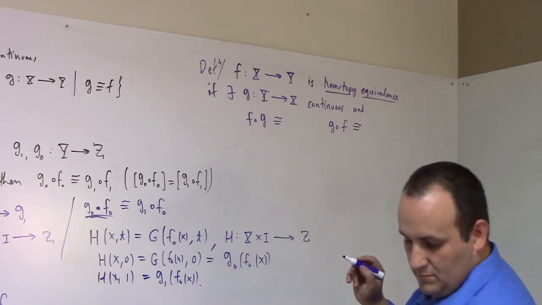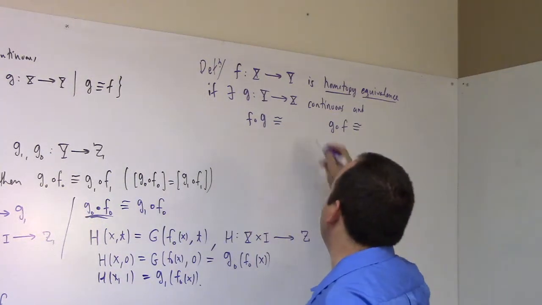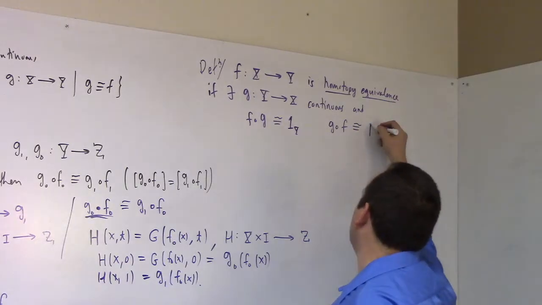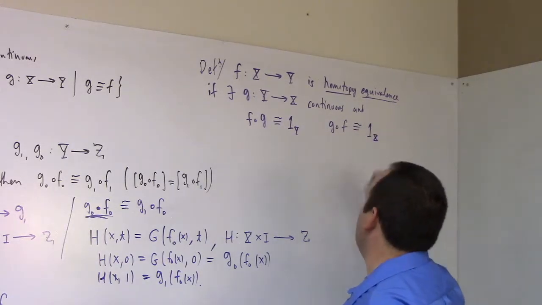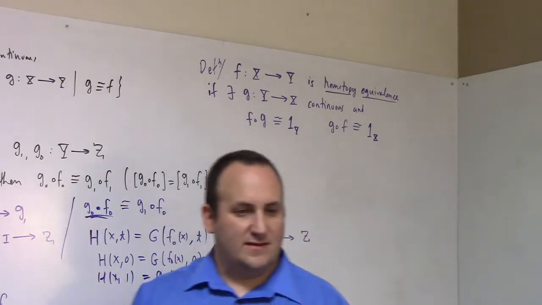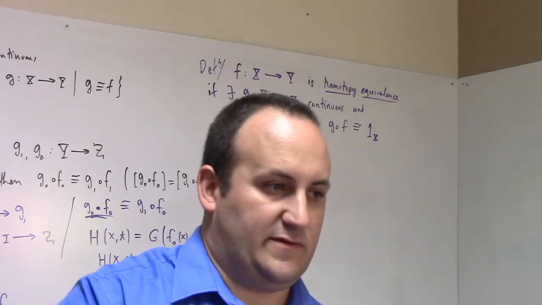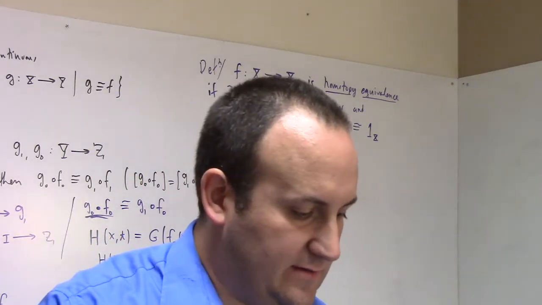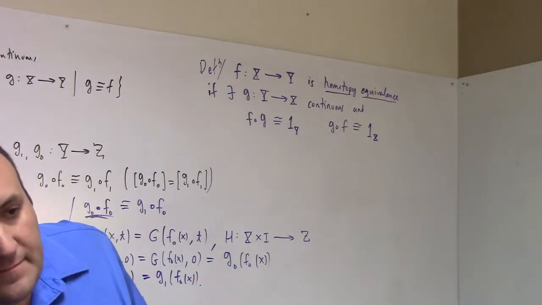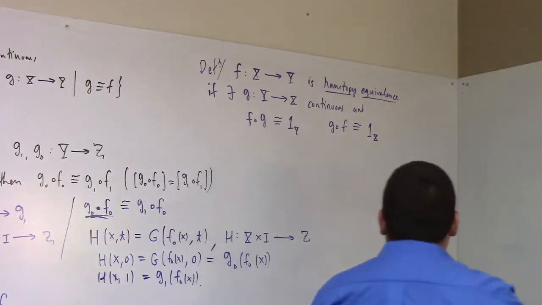One's the identity on Y, and the other is the identity on X. So they don't have to be equal, they have to be homotopic, right? And then that would suffice, I think, to make the spaces homeomorphic, right? Yeah.